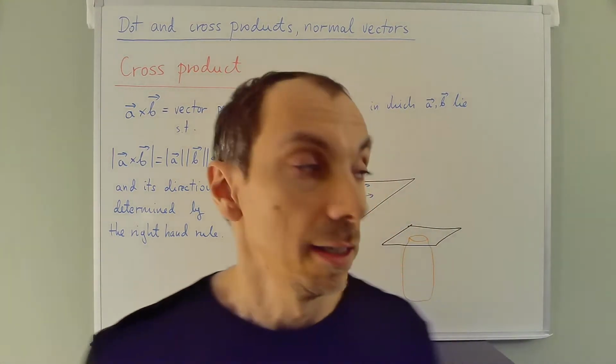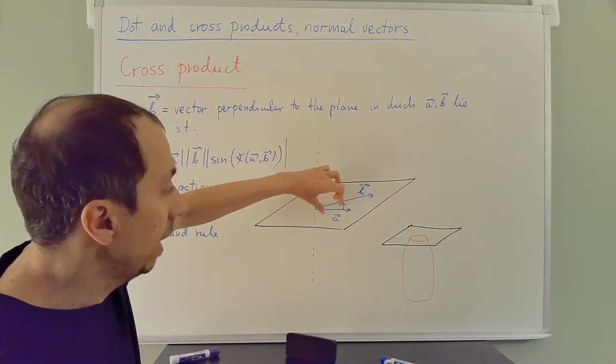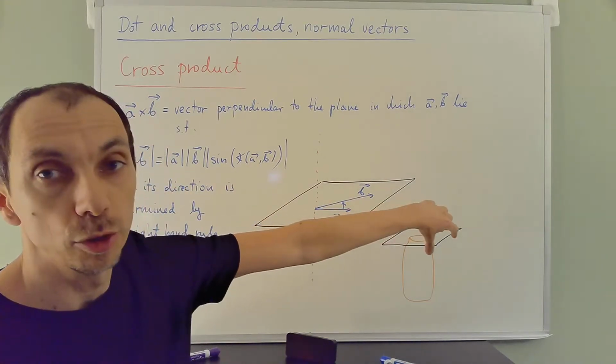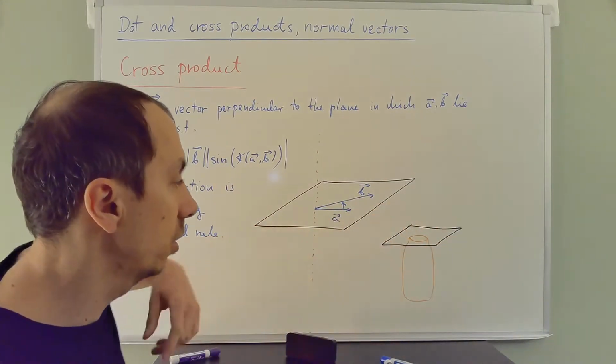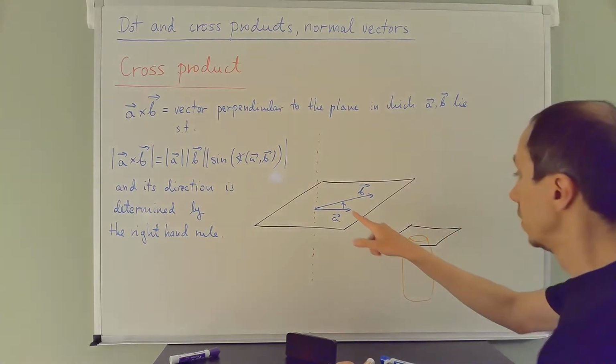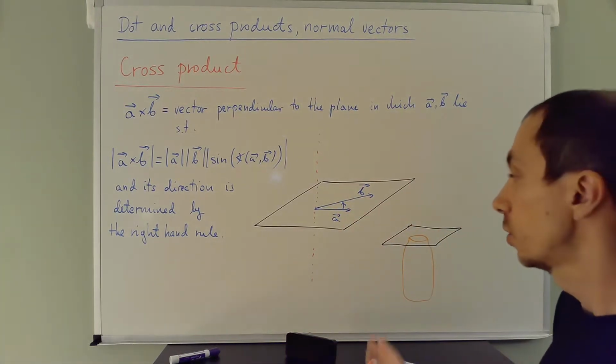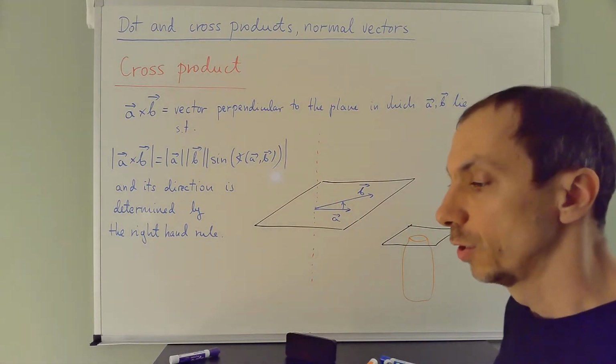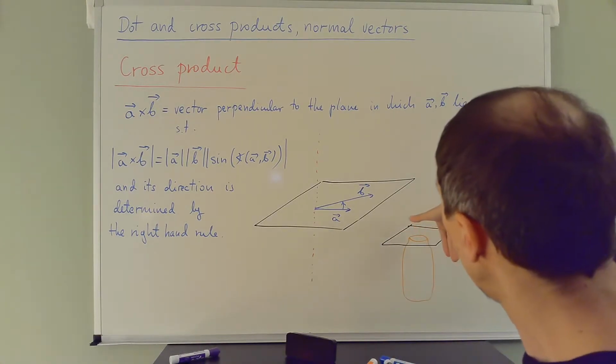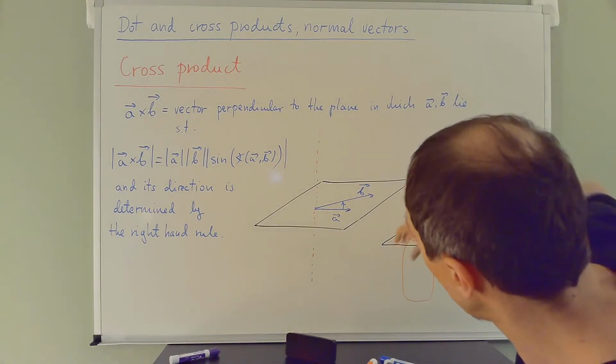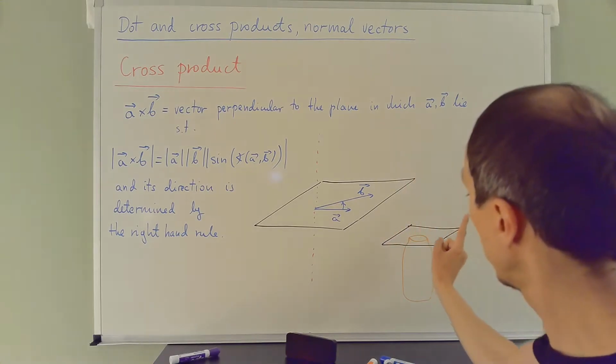And this A to B tells me which direction I'm supposed to be turning this lid. So it tells me to go like this, so that's counterclockwise. So I'm rotating it this way.